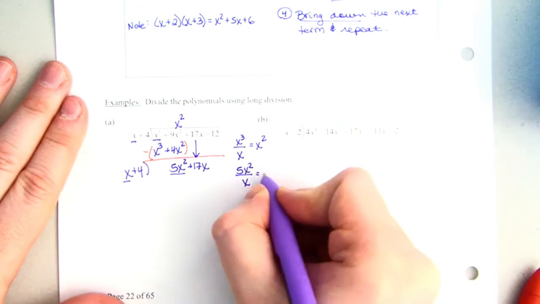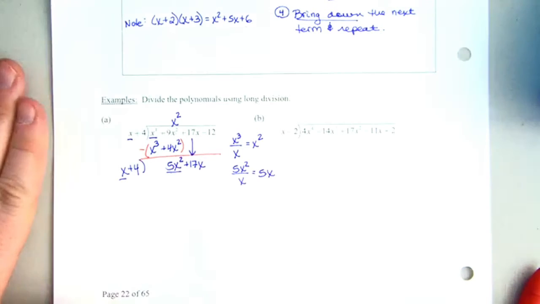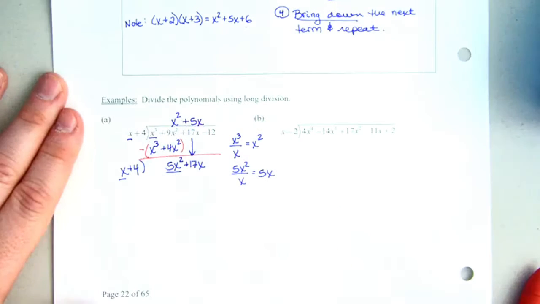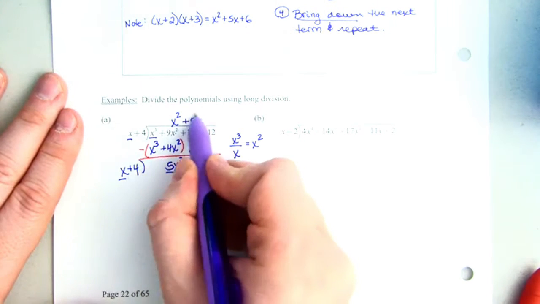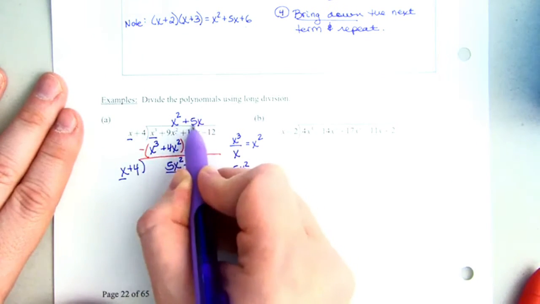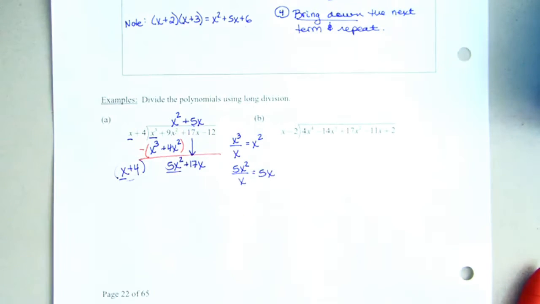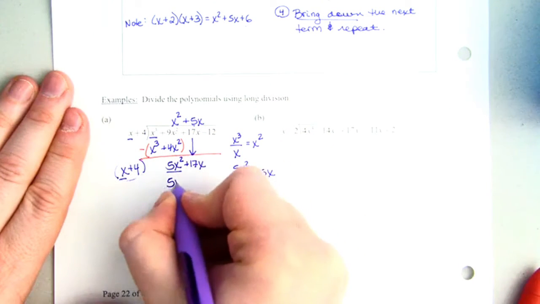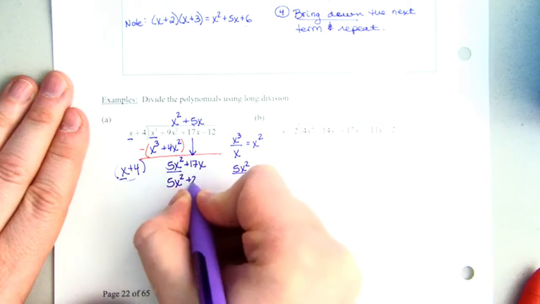I hope you said that was 5x. I'm going to stick that up top. I'm now going to multiply 5x times x plus 4. What is 5x times x plus 4? It should be 5x squared plus 20x.